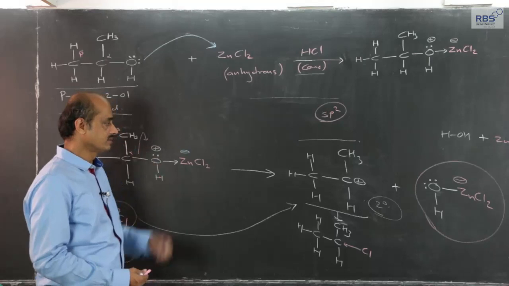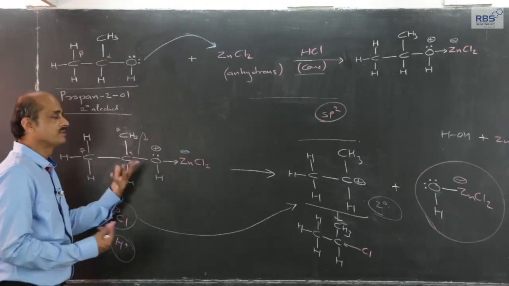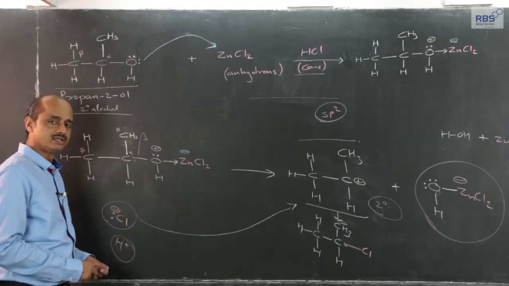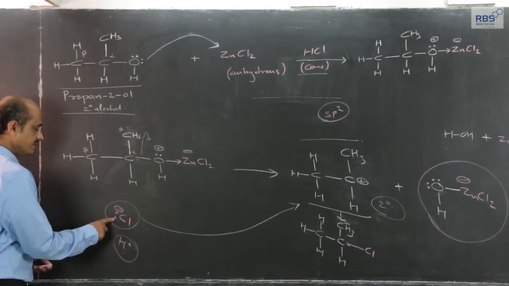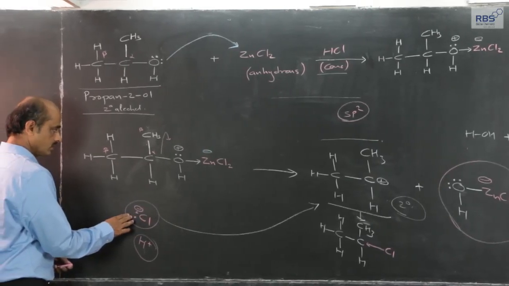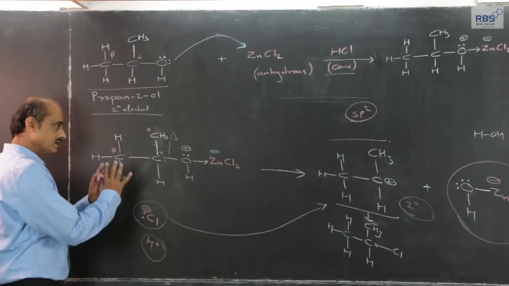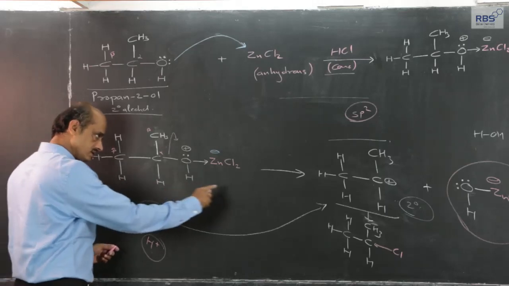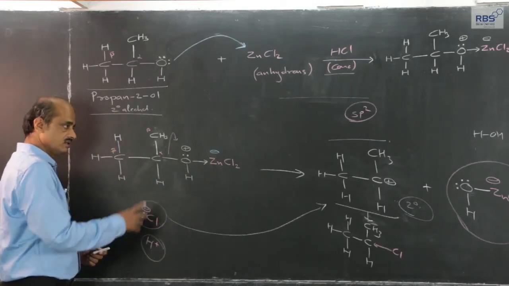In the earlier example, if you imagine that this happens, then it will develop a primary carbonium ion. The stability of a primary carbonium ion is less. As compared to that, the tendency of Cl minus ion to attack the alpha carbon is more, and therefore the product is ultimately the same, but the mechanism in the last step is different.